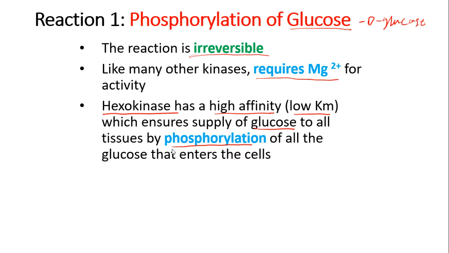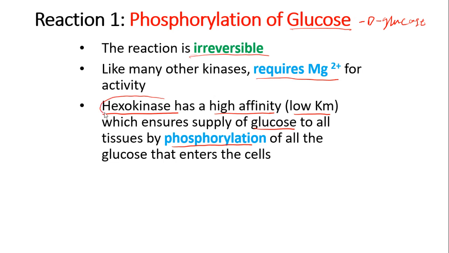Remember that the cells in every tissue, because we have a group of cells, and this group of cells work together to form a tissue. So the cells in the tissue, for them to operate, they will need glucose. Now, for the glucose to be available in that cell, it is due to the high affinity of an enzyme called hexokinase.